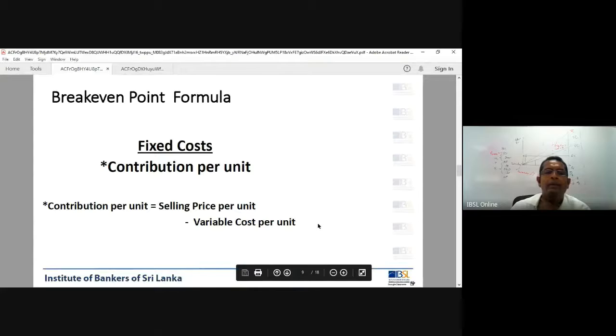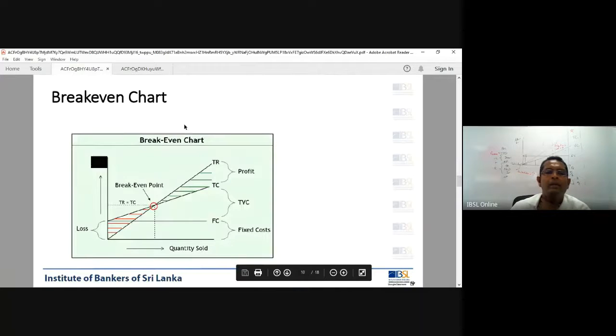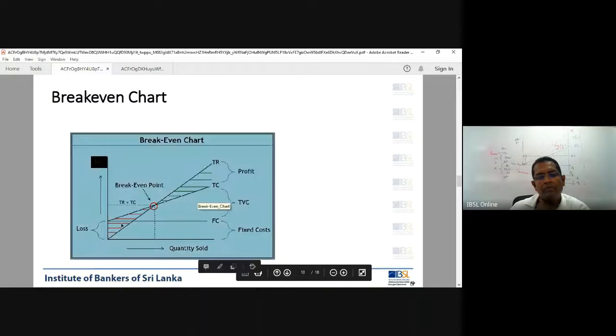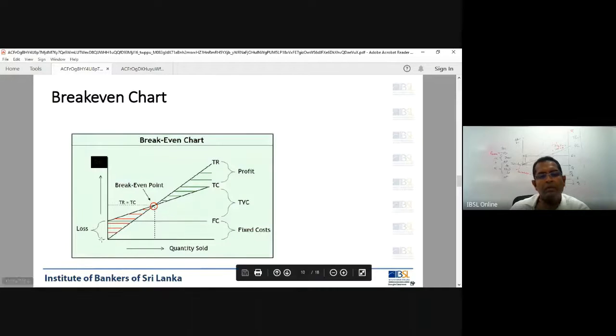Right. Then this is the chart we discuss. Right, you have it here. Quantity sold. This is the rupee value here. This side. This is the total revenue. This is the total cost. Fixed cost. I give the variable cost line also from here, parallel to this.